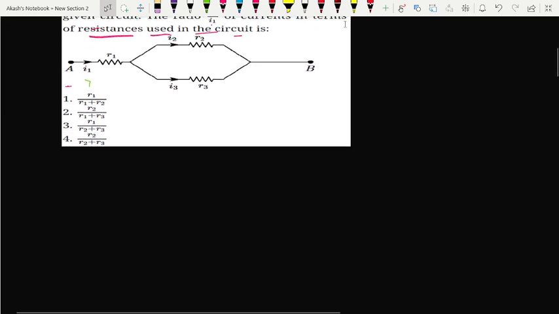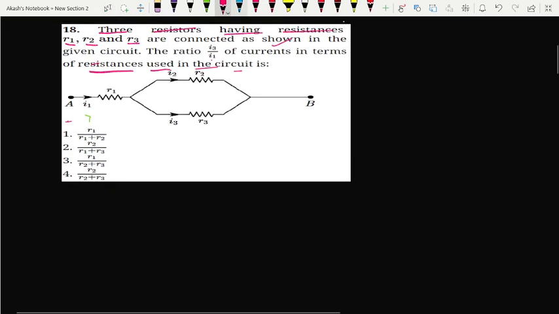First of all, we have to analyze the circuit. This is R1, this is R2, this is R3. Here current I1 is coming, across this resistance the current is I1. Now current divides into two parts, I2 and I3. This is in parallel.